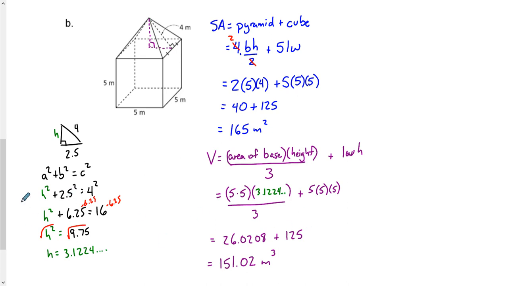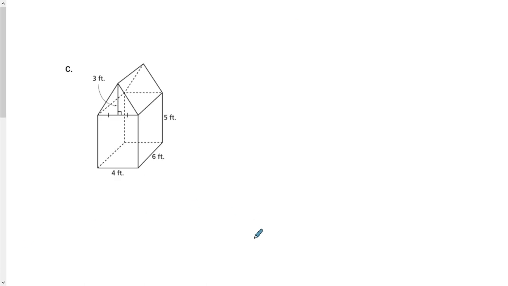Now we have our volume. So a lot of the things that we do is we have to be able to use our common sense to identify what we need. To find out the surface area of this one, well, we're going to be finding out the surface area of a triangular prism, as well as adding a rectangular prism.